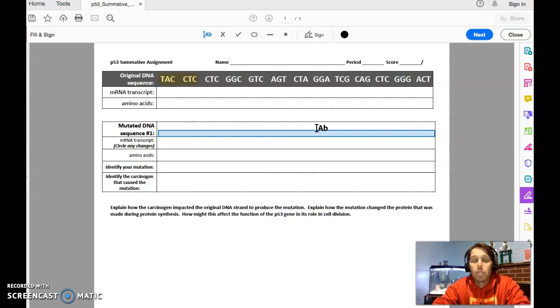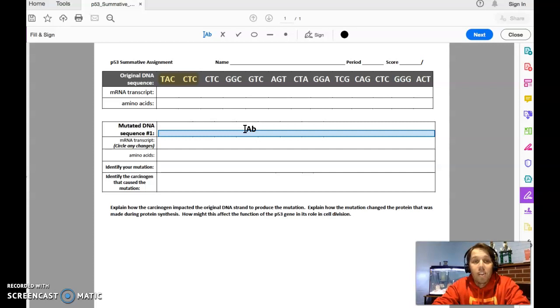So you cannot do a silent mutation, because we need a mutation that causes a change in the amino acid chain. So you will rewrite in this box here TAC, CTC, CTC, GGC, on and on, but then you'll make one mutation. You decide what that mutation is, just make sure it impacts the amino acid chain.